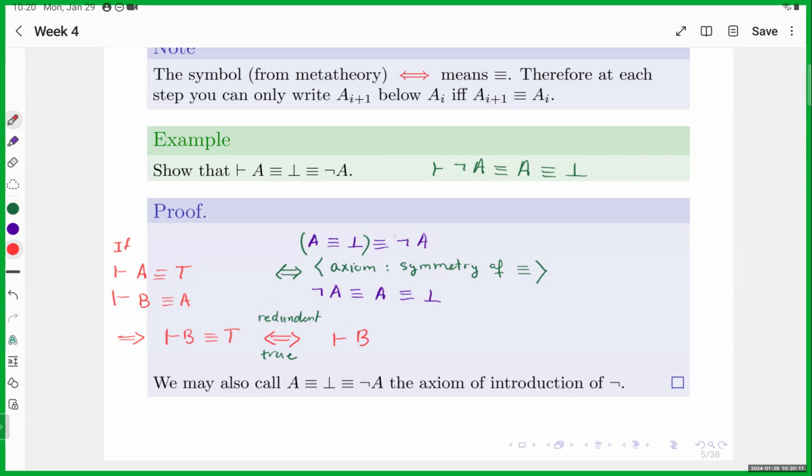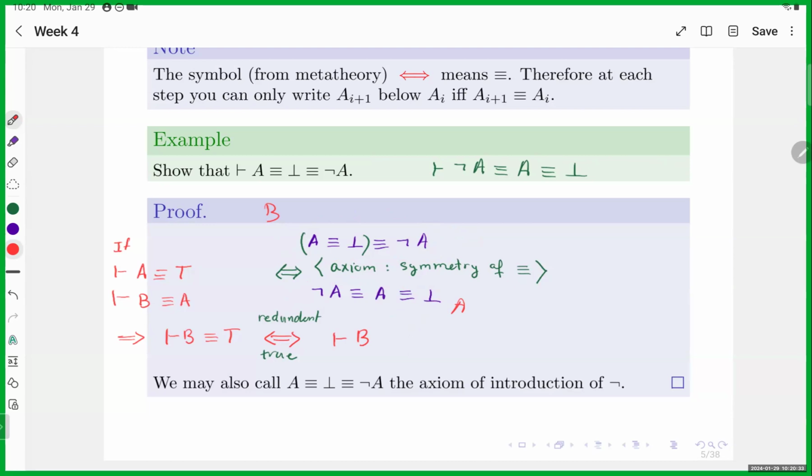So here, if this is my B and this is my A, I showed that B is equivalent to A, and I already know that A is an absolute theorem because it's an axiom. Therefore, B is an absolute theorem.